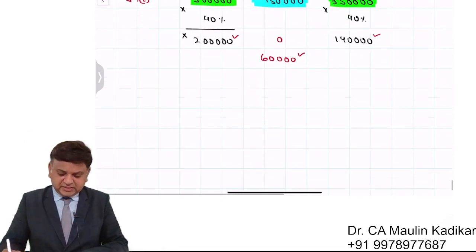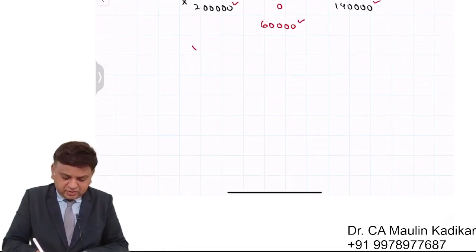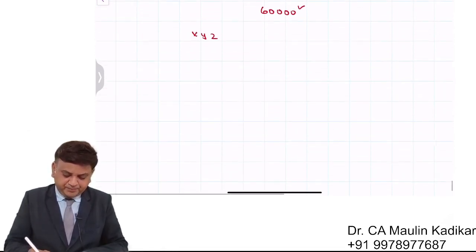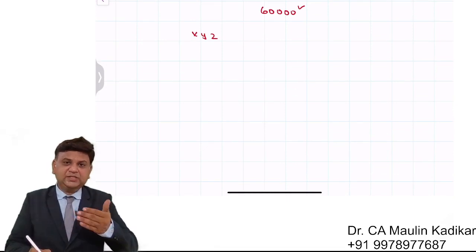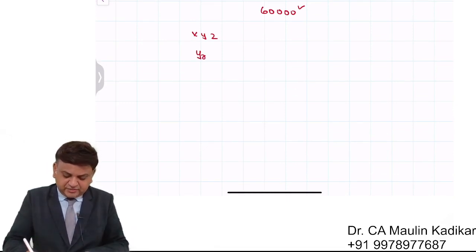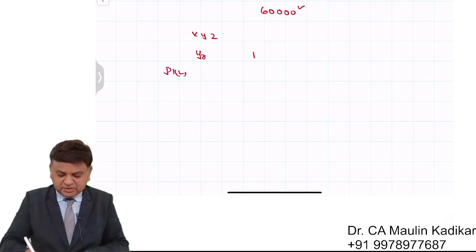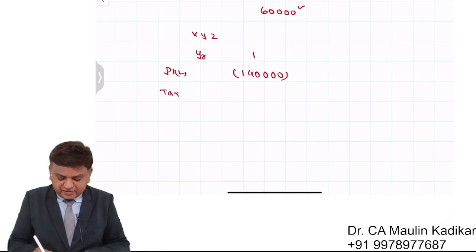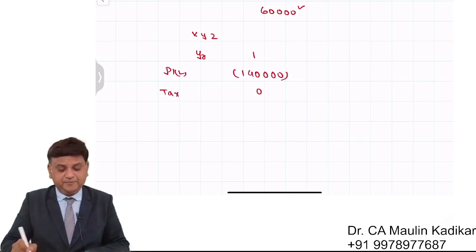And suppose there is a company called XYZ Limited. In the first year of the business there is a loss. Let us say the loss is an amount of 1,40,000. So what is the amount of tax that you have to pay? Zero.